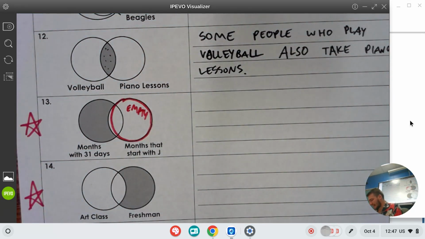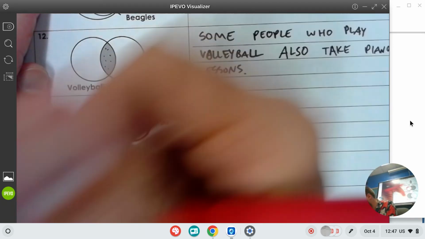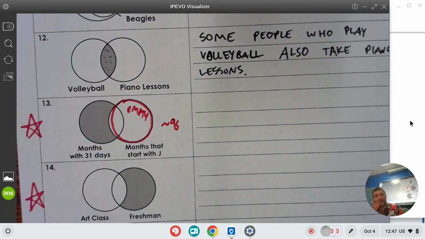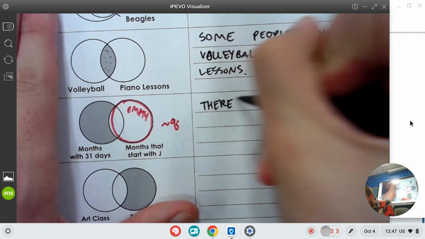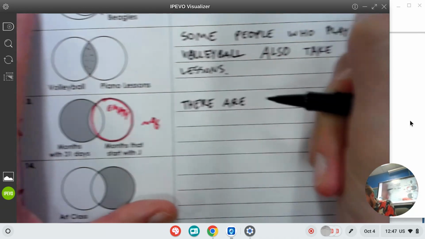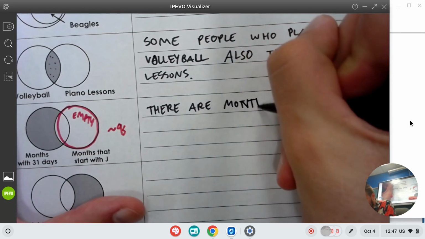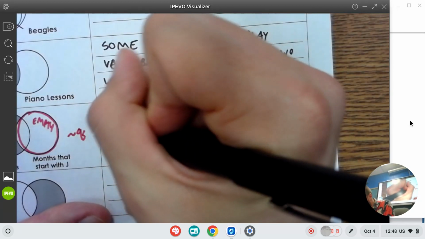And so, our sentence, we want to think of this as not whatever we could write. This is not Q. Because that entire Q is empty. So, we're going to say that there are months, all right, we're just saying the first one. There are months with 31 days. Of course there are.